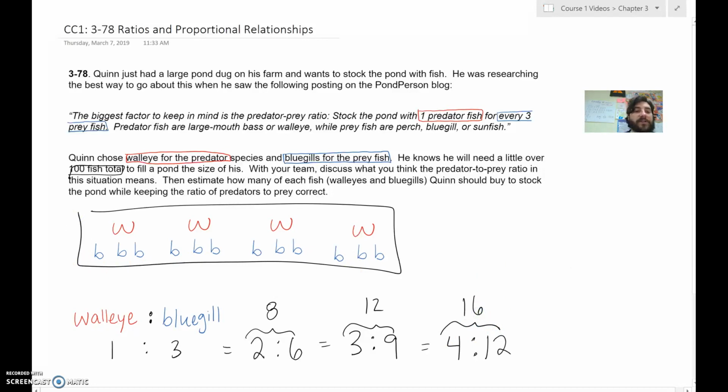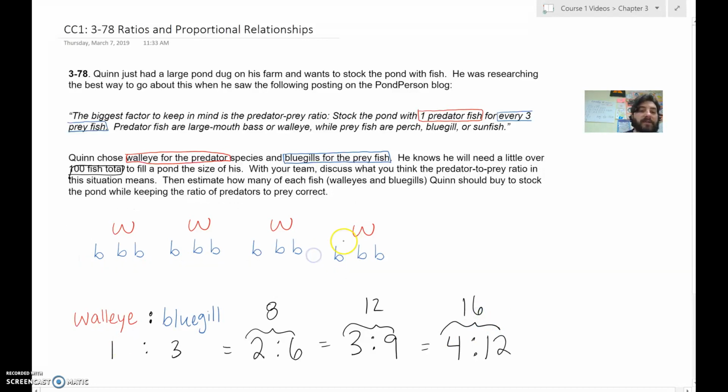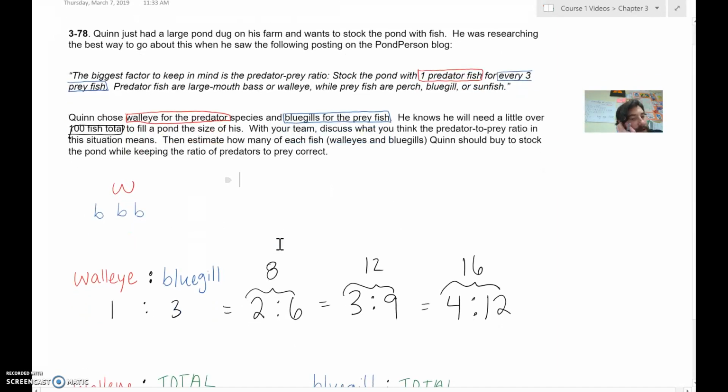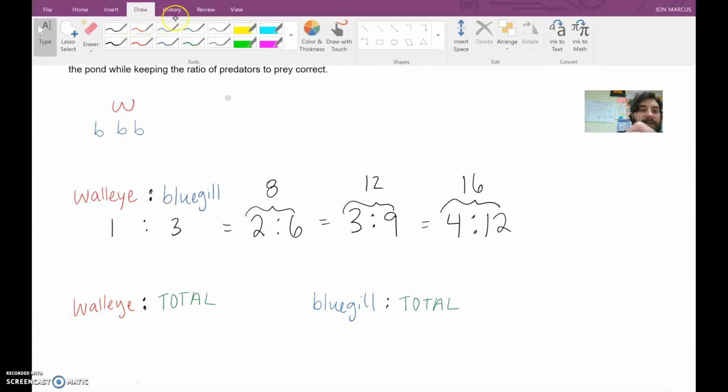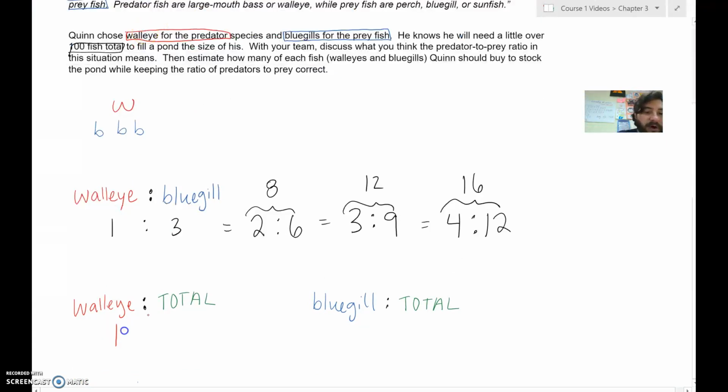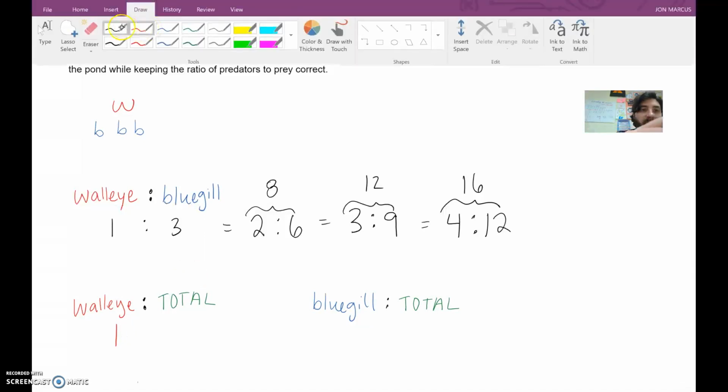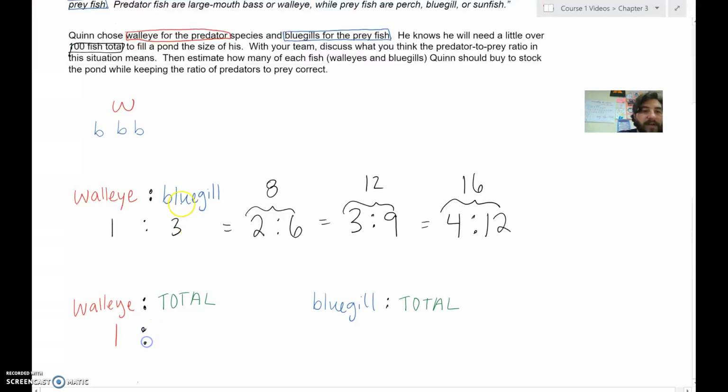If we go back to our original ratio of 1 walleye to 3 bluegill, what's the ratio between walleye and the total amount of fish? Well, there's going to be 1 walleye for every 4 total fish.